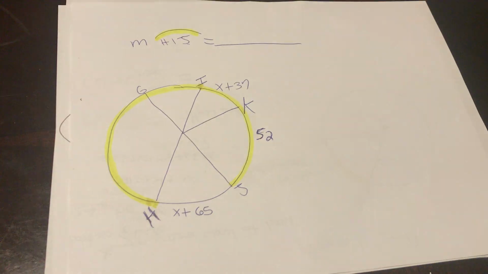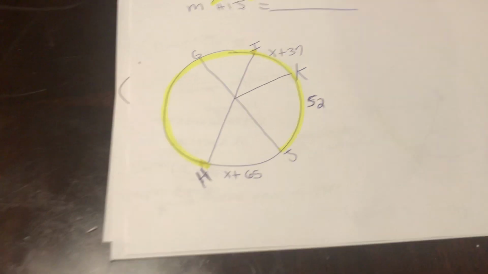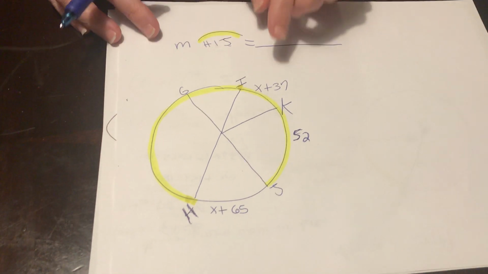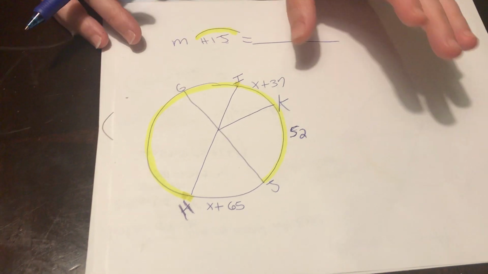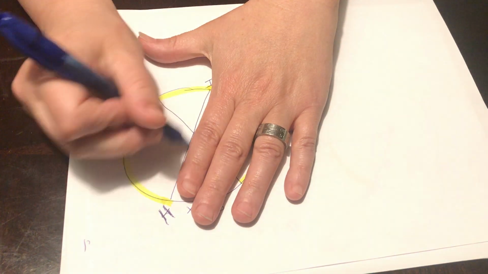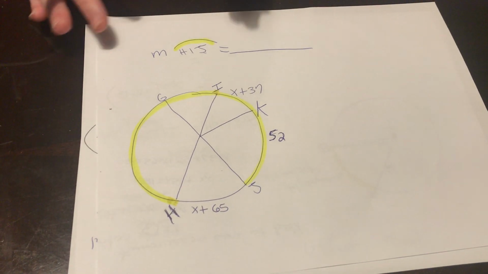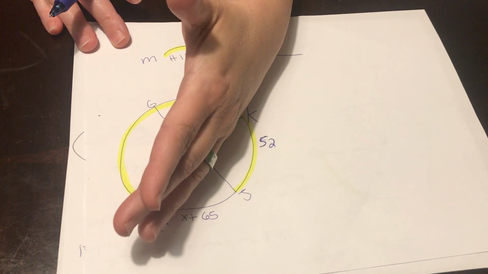Like I said, this one is a little complicated. It takes some work. So what you want to do first is fill in the blanks. Now, if you think about it, this circle is cut directly in half. We already know a whole circle equals 360, so half of a circle is 180.